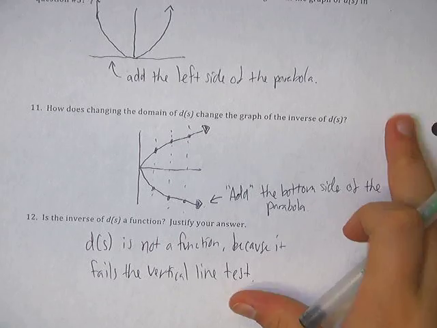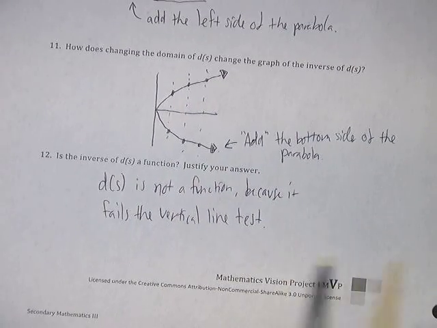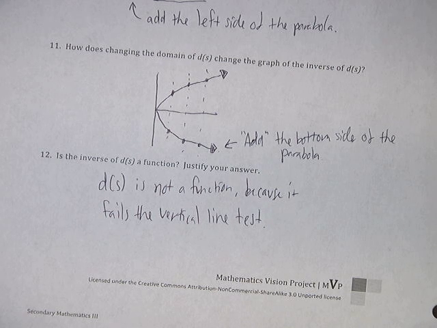But the moment that we opened up our domain to all real numbers and included negative numbers, suddenly we were in trouble. And that's something that does happen every once in a while. Sometimes we need to restrict our domain in order for the inverse function to actually be a function. That's something that you're going to be playing with more throughout this unit. So just keep in the back of your head that sometimes one version of the function, say where your domain is restricted, suddenly becomes not a function when you open it up.